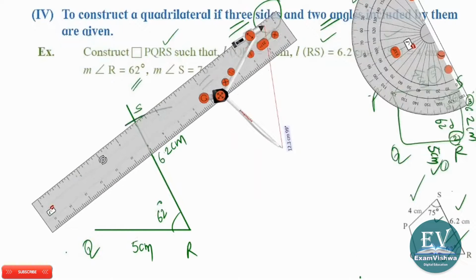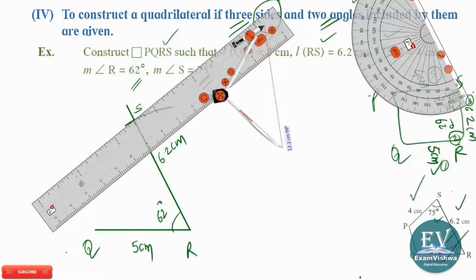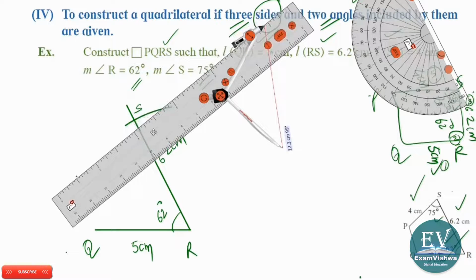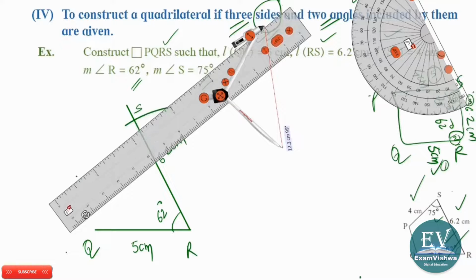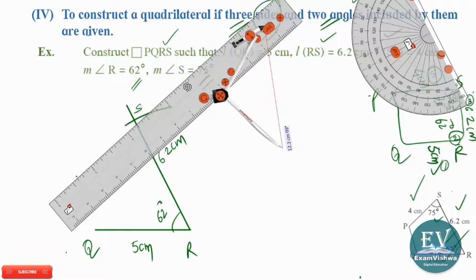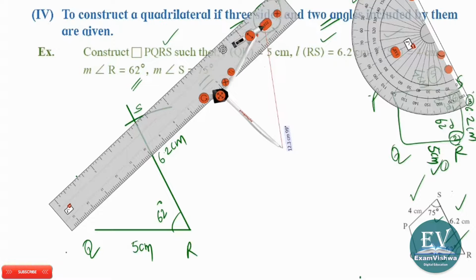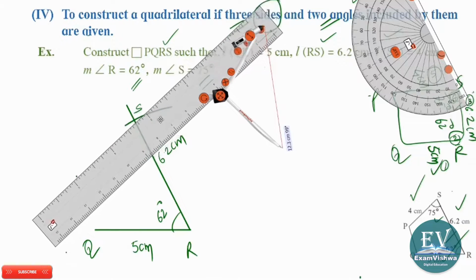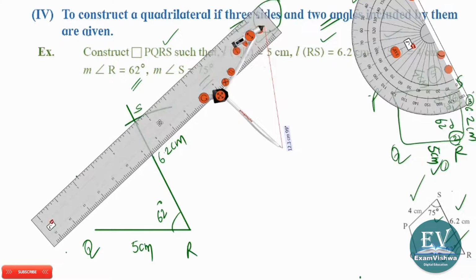So let me draw the side SP by adjusting the scale over those 2 points. One is the 75 degree angle mark and the other point is S. Okay. A little bit of adjustment is done.